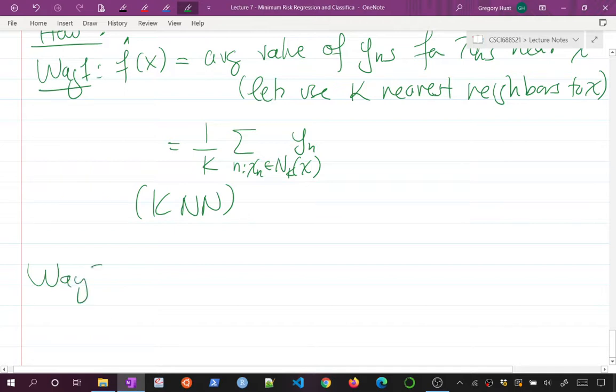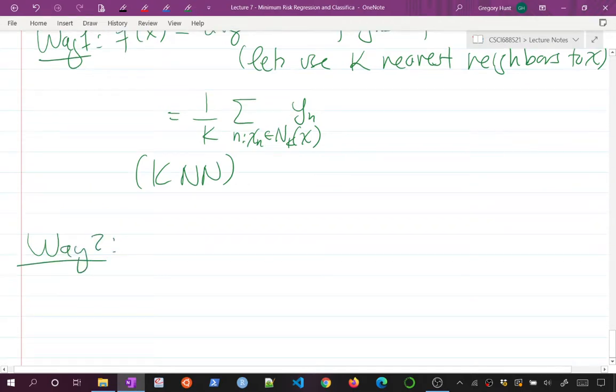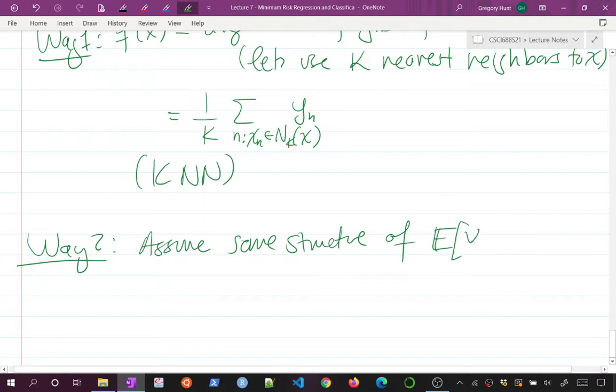Here's way two. Way two is assume some structure of this conditional expectation, and my structure is going to be that it's linear.